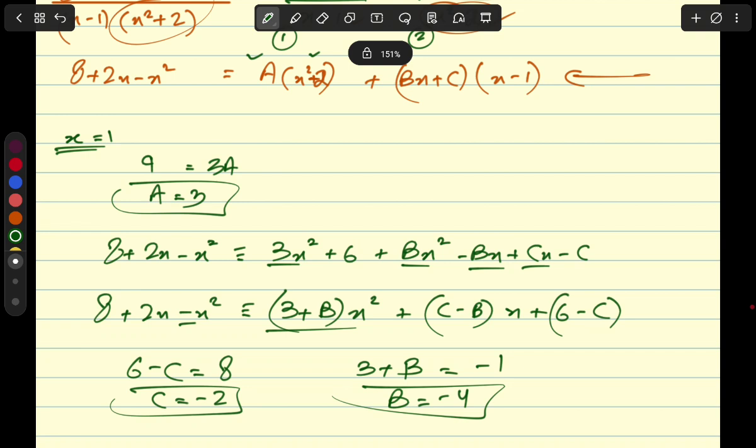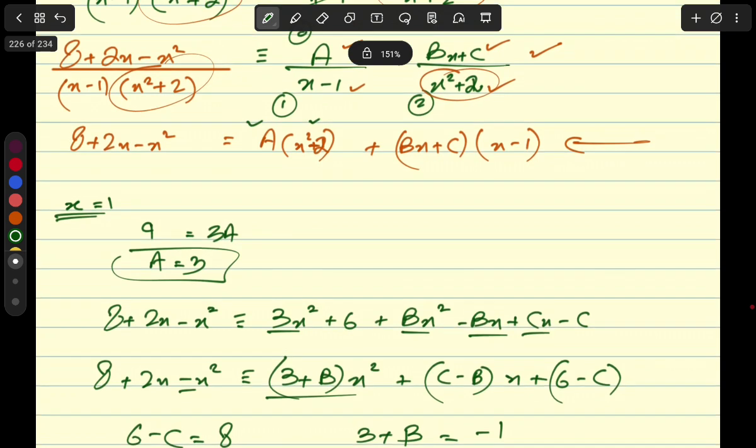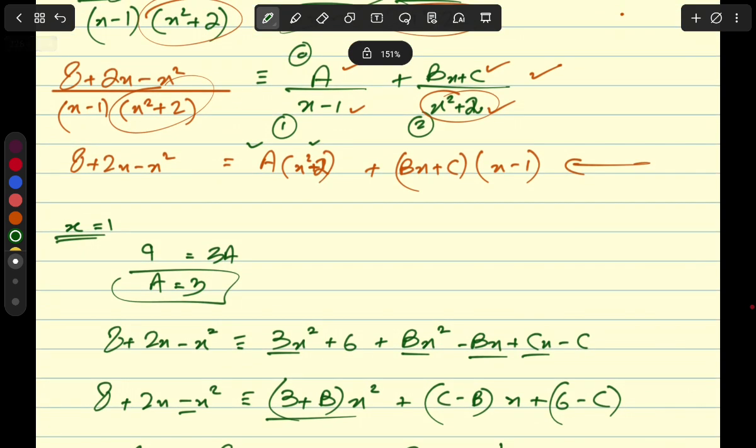Now what changed? Only the final step. Everything before that remained exactly the same. So now how do I decompose it? I'm going to write the values of a, b, and c in the decomposed version of this fraction.